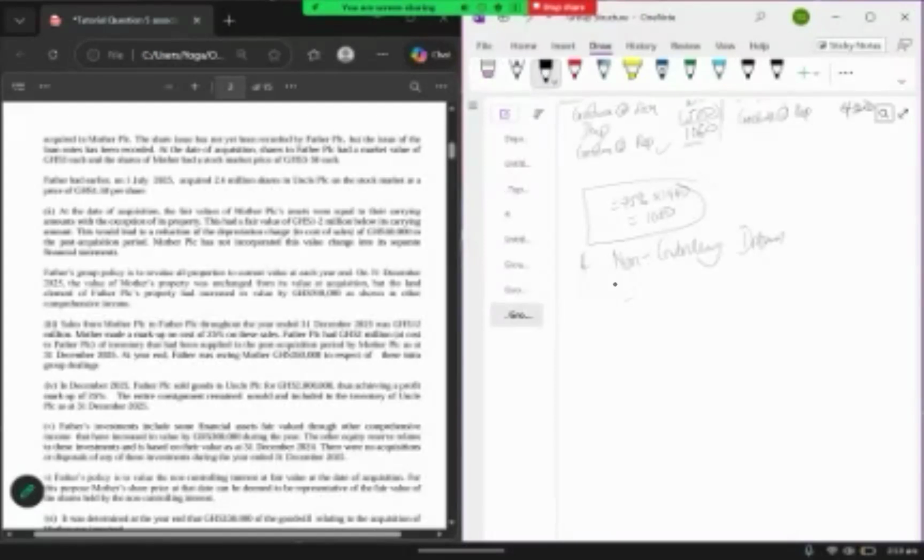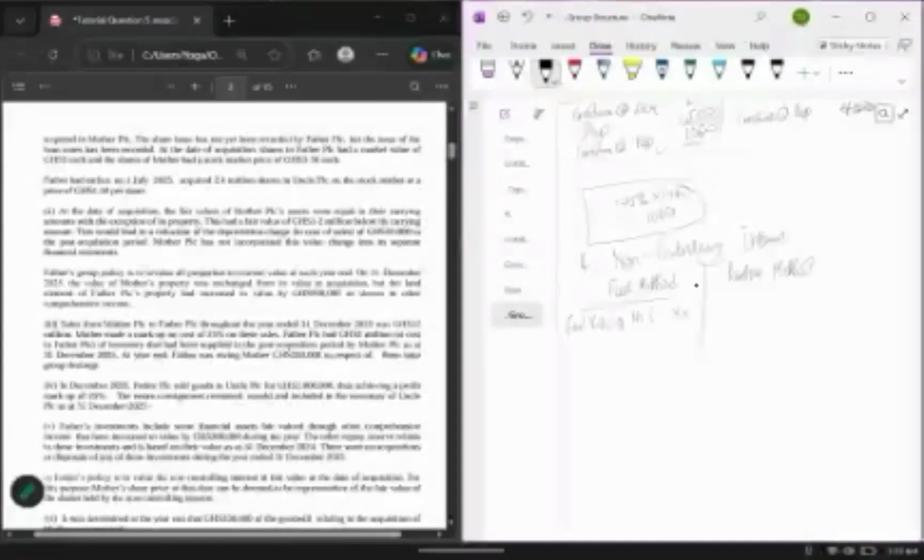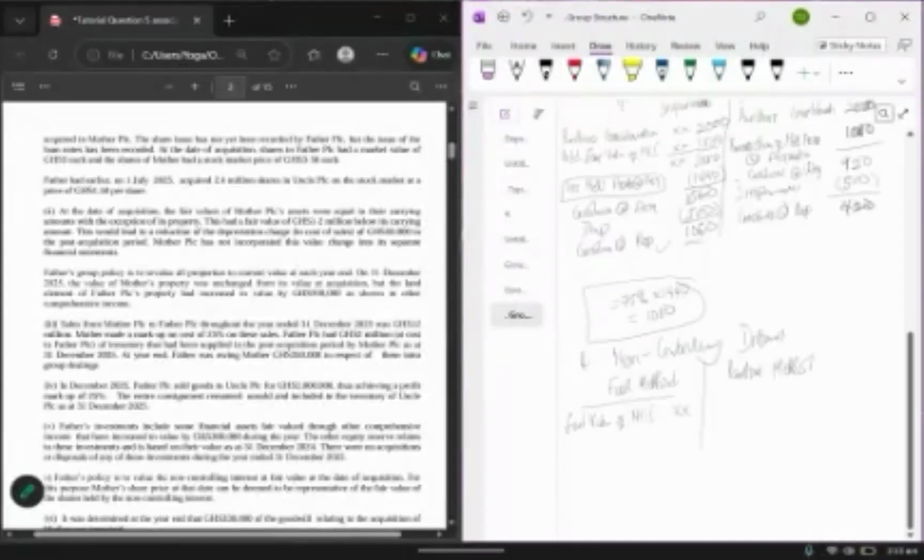Okay, if you're using the full method, and then let me see the partial method at the side. If you're using the full method, you will bring the fair value of NCI here, the one that you calculated earlier on. That's the 1,000. Let me bring it here.